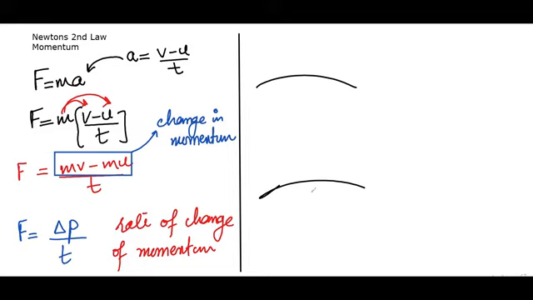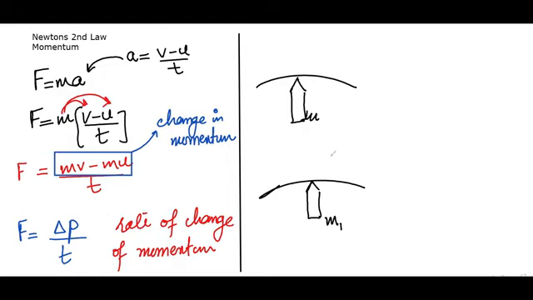If I consider the rocket at this location and at this location, I can see that the masses of the rocket in these situations would be very different. And if I want to calculate the amount of force exerted as a result of all of these changes, then I would have to use this formula.